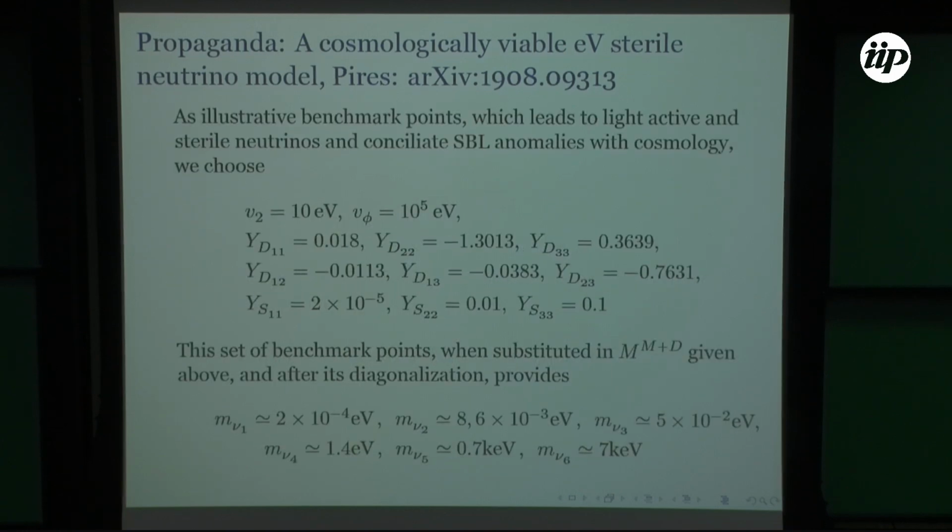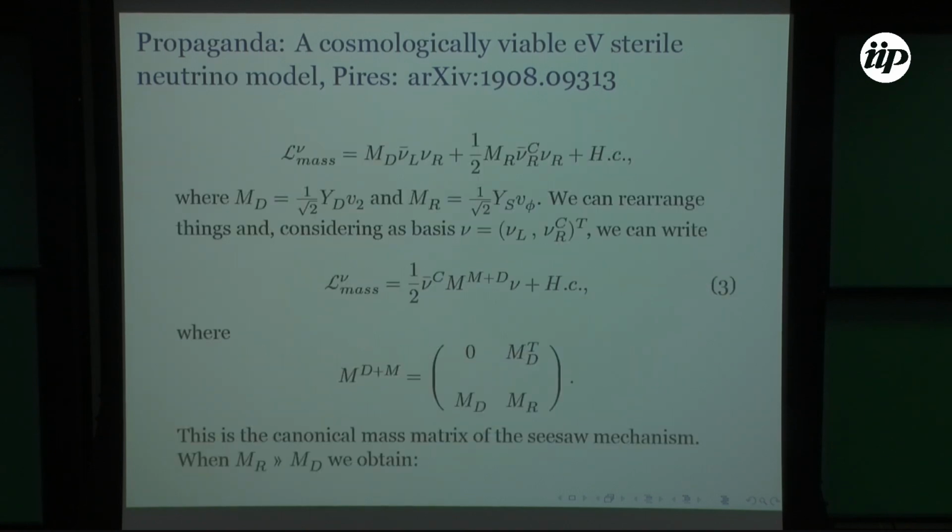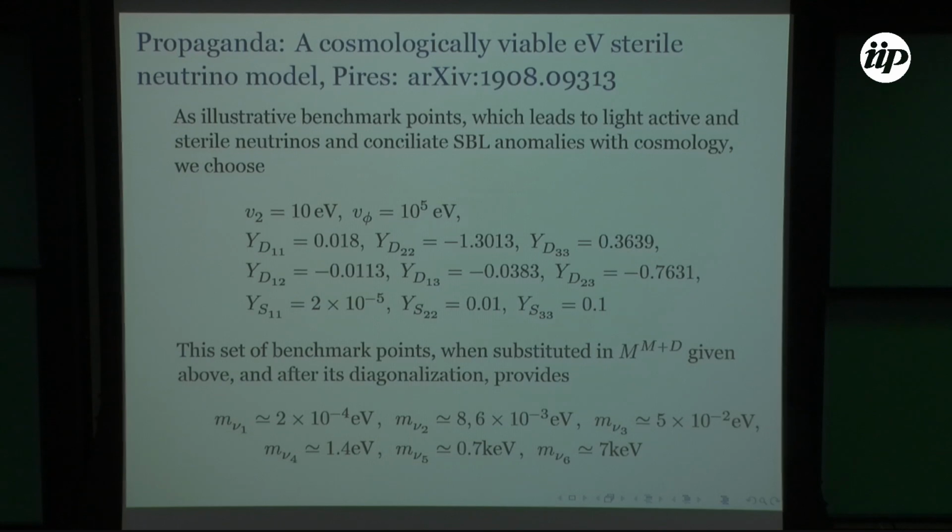So, for example, if I take v2 of 10 eV, v5 of 10^5 eV, and these Yukawa couplings, when you diagonalize this mass matrix, in the end of the day, you get this mass spectrum.